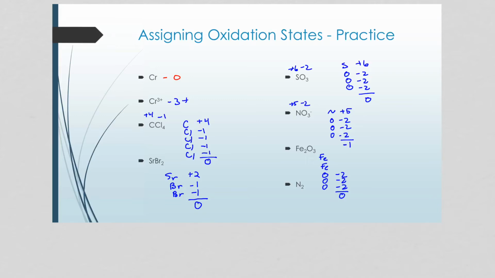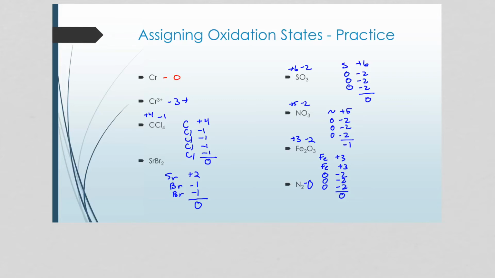So that means the two iron atoms, which will have the same charge, right, have to split the difference. So we need a +6, right, to make this add up to 0. So each of these would be +3 within this compound. N2, right? N2, this is an element, so it's going to have an oxidation state of 0.